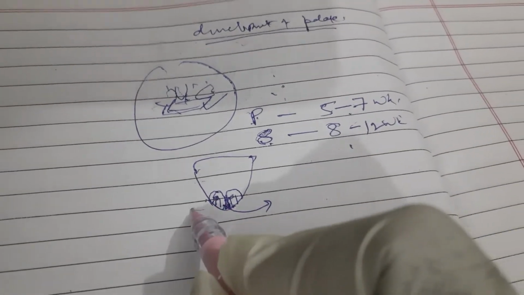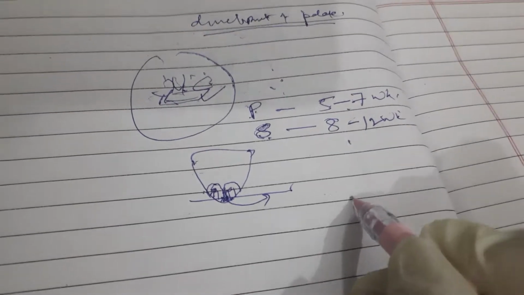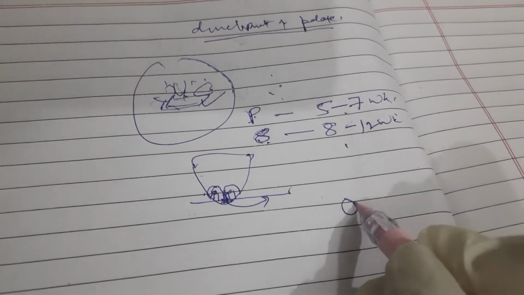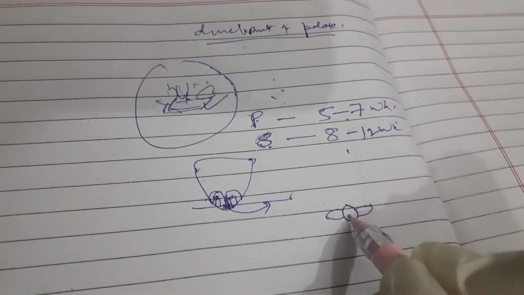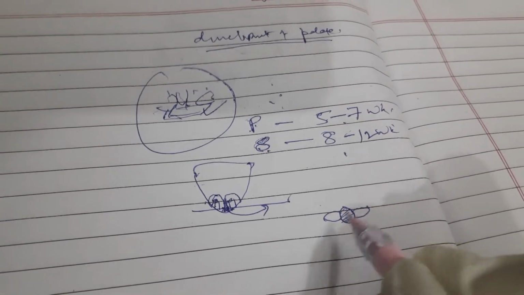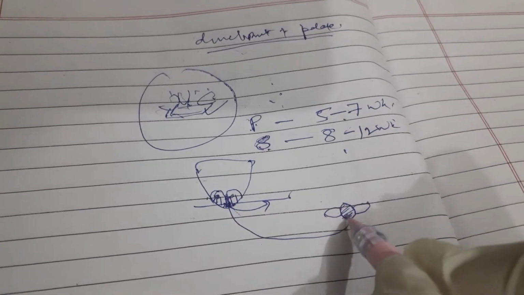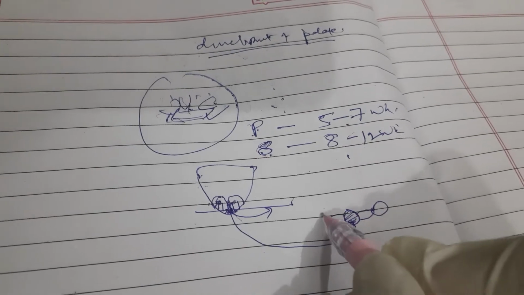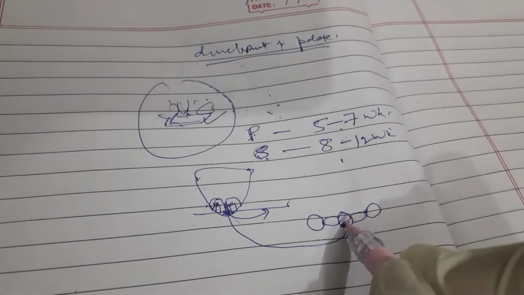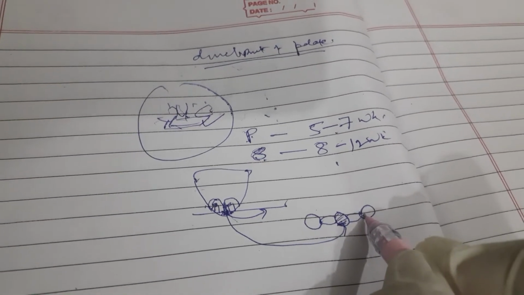If we cut the section here, this is the nasal pit, this is the united part, and this is the lateral nasal process. This is the medial nasal process, this is the lateral nasal process.